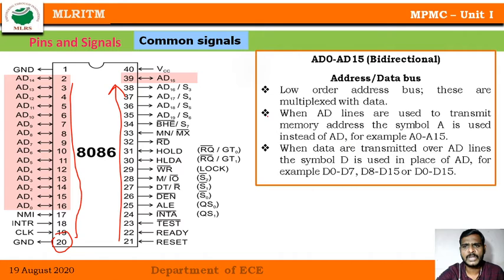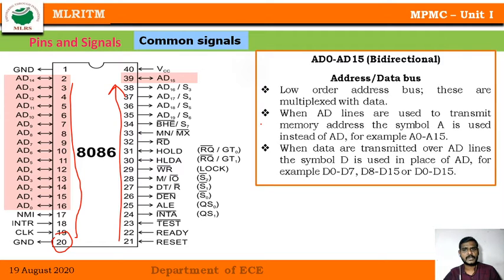As you see, the lower order address bus is multiplexed with the data bus. When the AD lines are used to transmit a memory address, the symbol A is used. If that bus is used for communication with a memory or an IO device to transfer the address location, we call those pins A0 to A15.